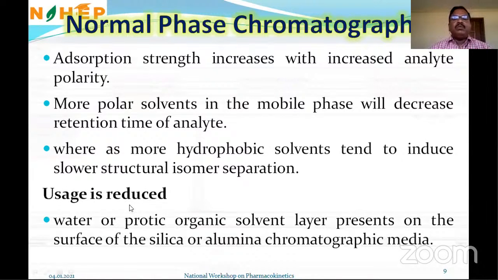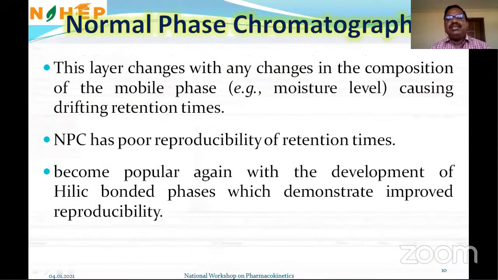Coming to the usage of normal phase chromatography, its use has nowadays reduced, because the water or protic organic solvent layer present on the surface of the silica or aluminum chromatography media will change the retention time. This layer changes with any change in the composition of the mobile phase, that is, the moisture level on the stationary phase, and this causes drifting of the retention time. So retention time is not uniform in different runs.